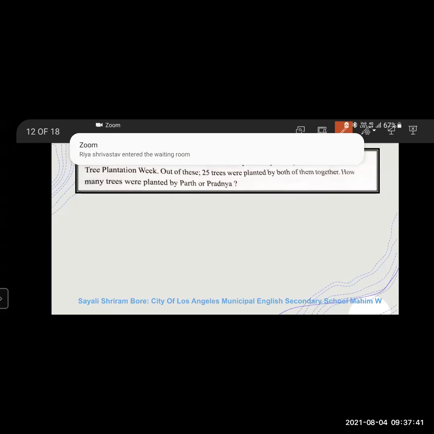So here simply you can apply the formula itself. Let P be the number of trees planted by Parth. So n of P is equal to 70. I have taken the set P as the set for the number of trees planted by Parth.